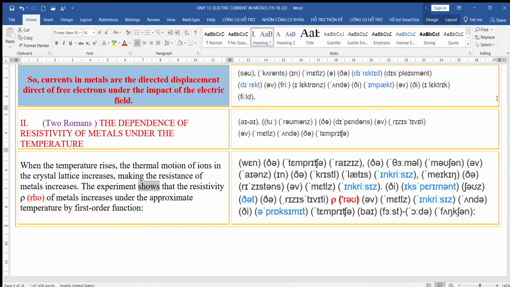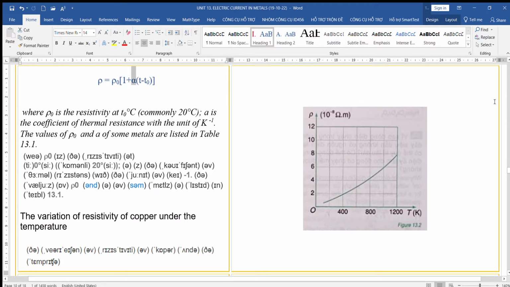The experiment shows that the resistivity ρ of metals increases with temperature approximately as a first-order function: ρ = ρ0(1 + α(T − T0)), where ρ0 is the resistivity at T0, commonly 20 degrees Celsius, and α is the coefficient of thermal resistance with the unit of K^-1. The values of ρ0 and α of some metals are listed in Table 13.1.